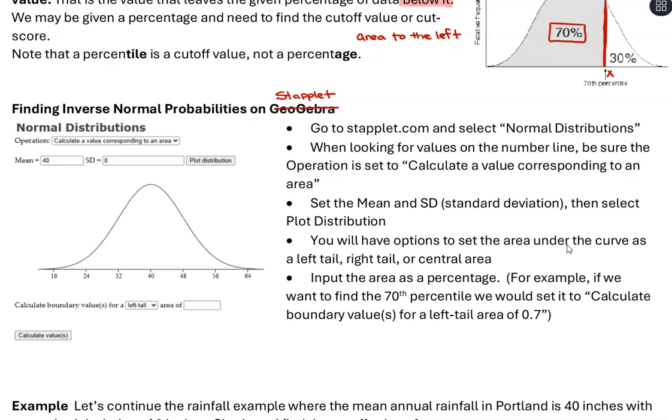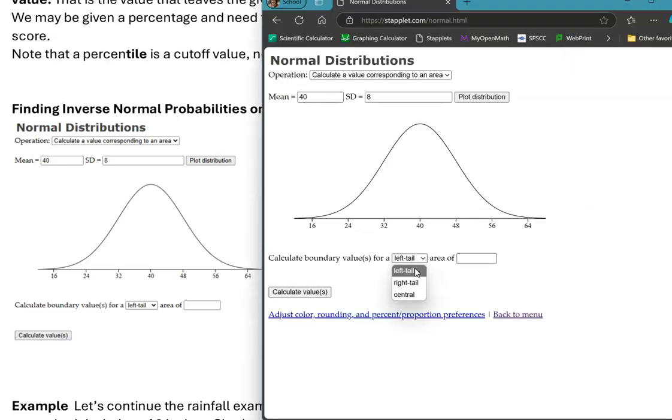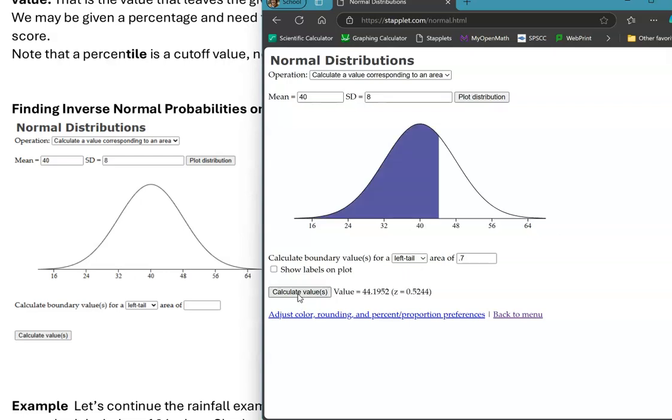So, for example, if we wanted to find the 70th percentile, what I would do is set a left tail, because percentile tells me it's going to the left. And then because it's 70th, I would plug in 0.7 as my area. And that's going to separate up the areas, so a lower 70%, upper 30%.